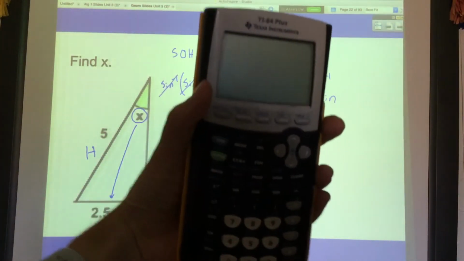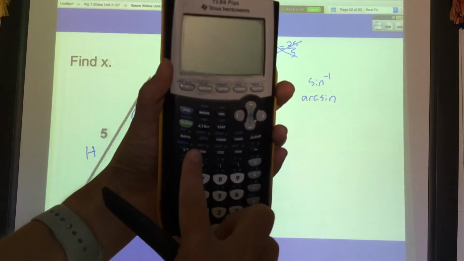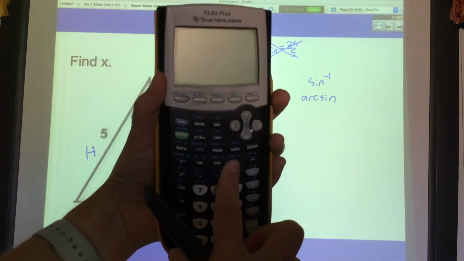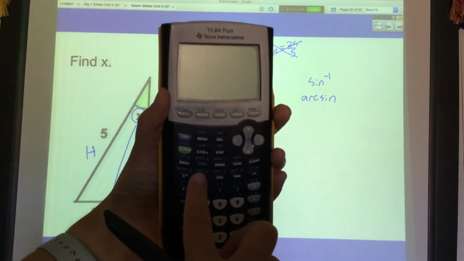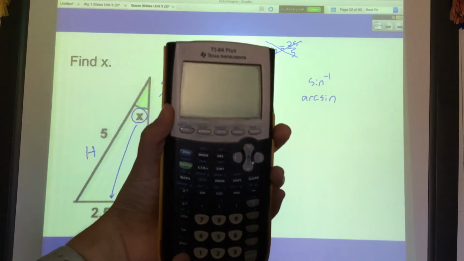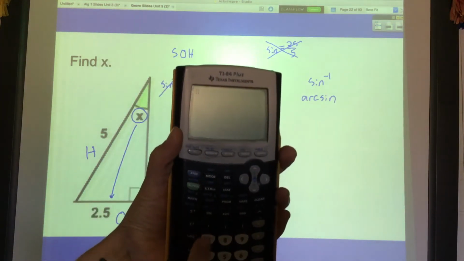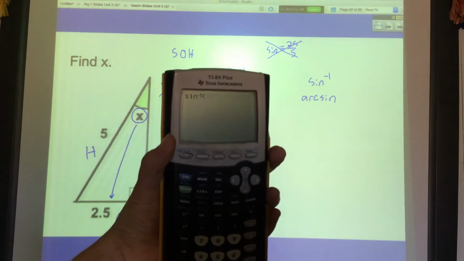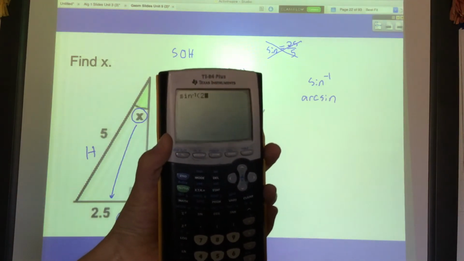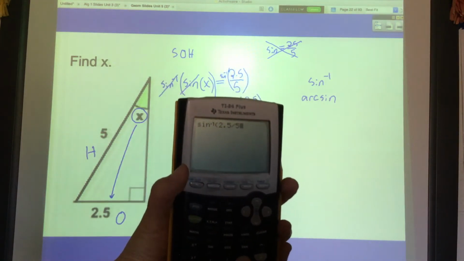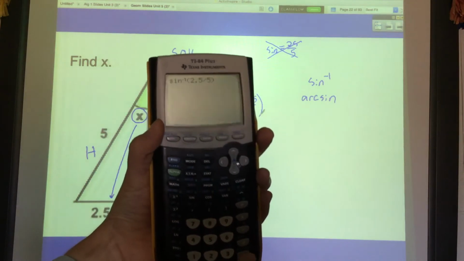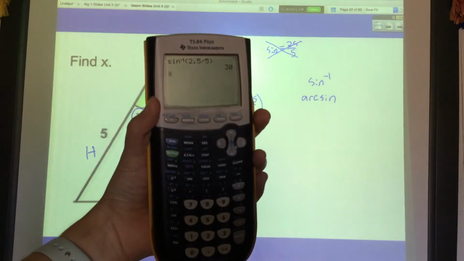Right above, oh, it's so dark. So sine, cosine, and tangent, right above it, it has sine inverse. So you would do second sine inverse of 2.5 over 5. And there it is. 30 degrees is your answer.